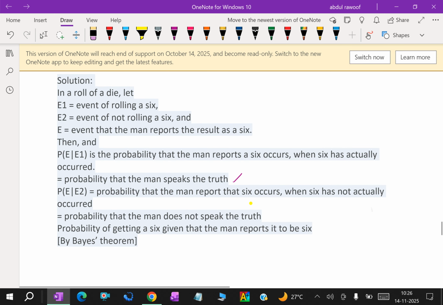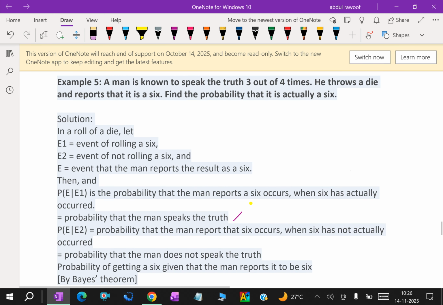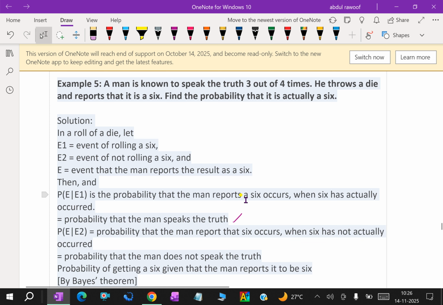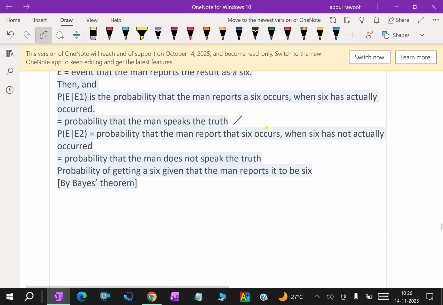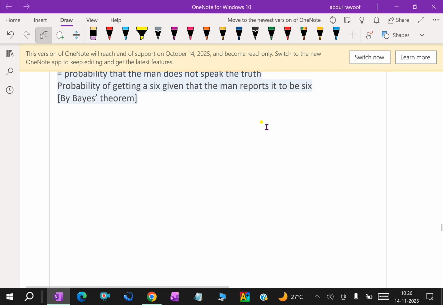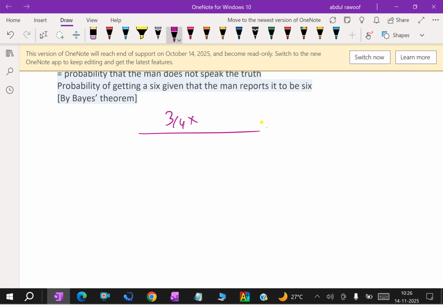First, look at this. 3 out of 4 times. That means a man speaks the truth 3 out of 4 times. That is 3 over 4 over, into 1 over 6. What is 1 over 6 here?